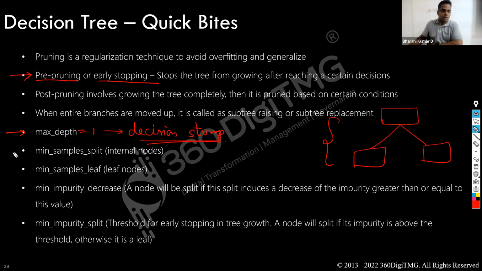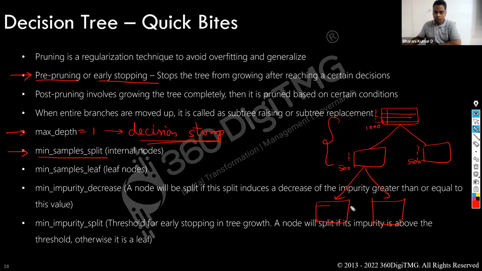Okay. Next, you also have something called minimum samples split. So if you have to split it further, say you have 1000 observations. When you split it, maybe you have 500 observations here, another 500 observations here. If you split further, say here you have now 200 and here you have 300.